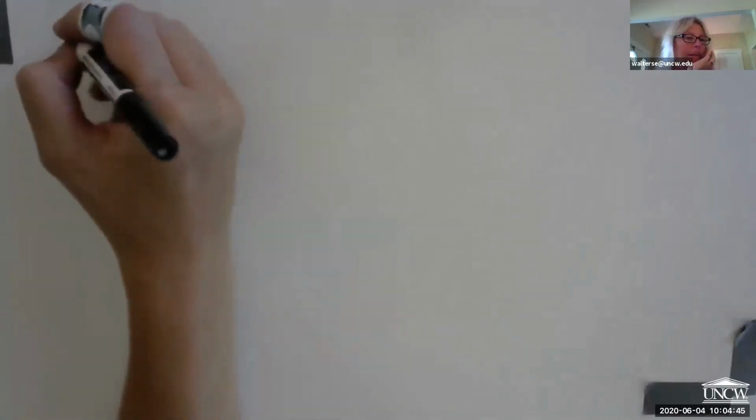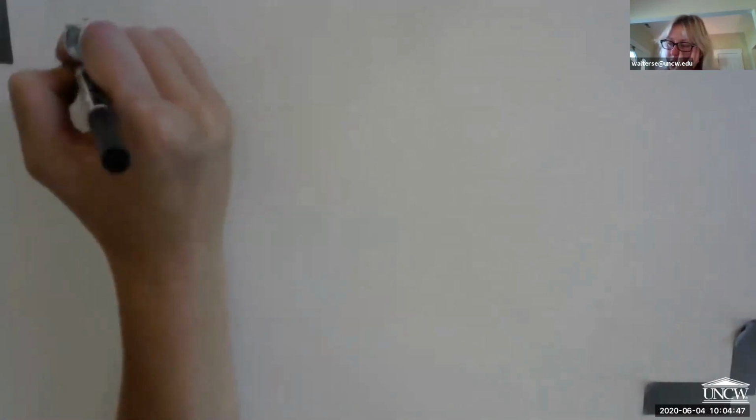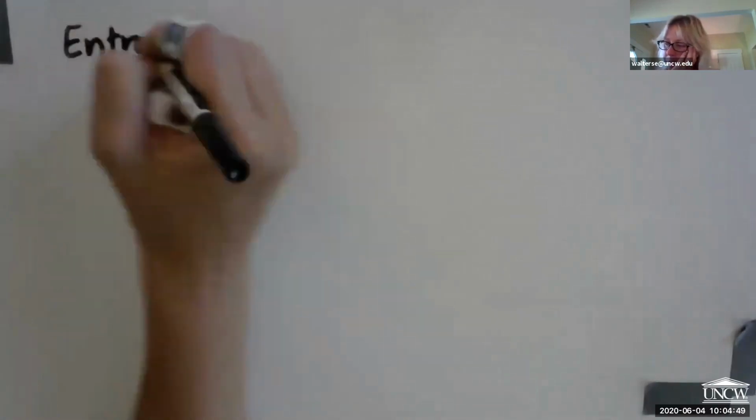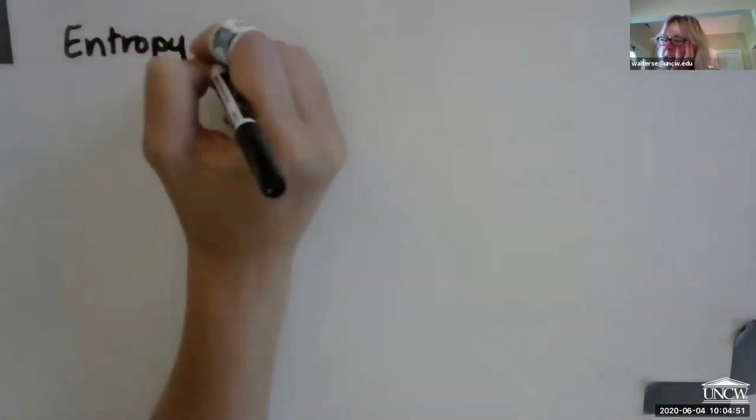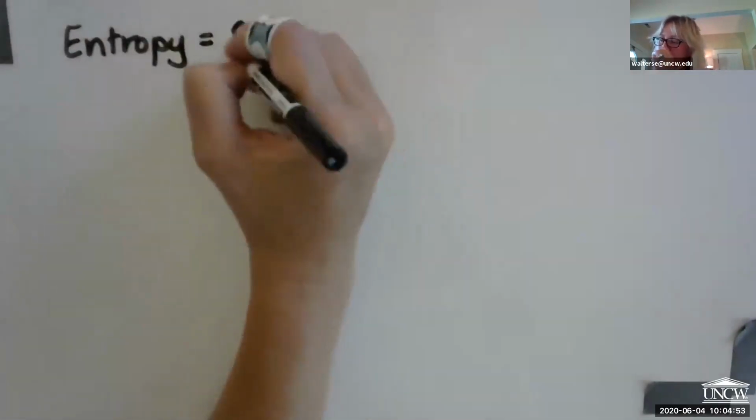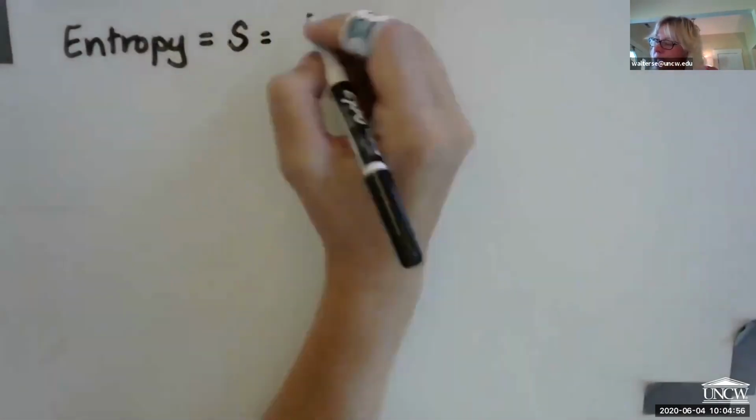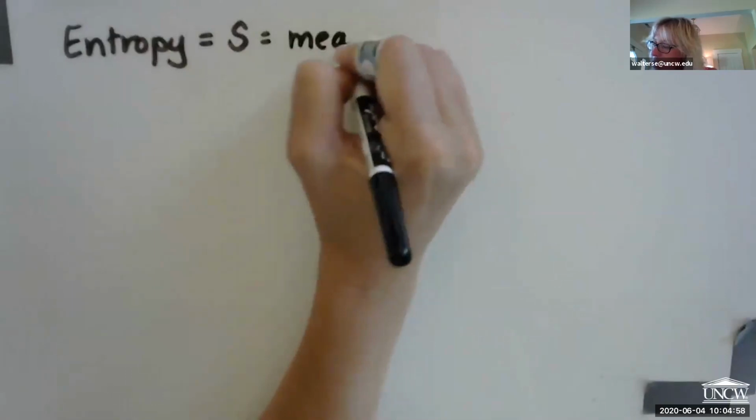Okay. So the other thermodynamic thing that you have to consider is what's called the entropy. The entropy is given the symbol S, and it's a measure of disorder.